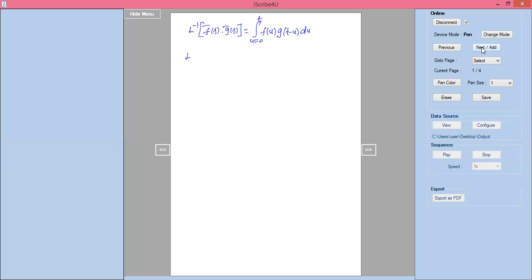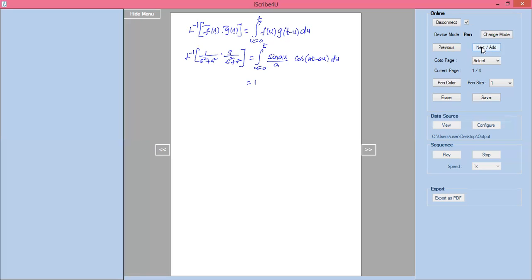L inverse of f bar of s is 1 divided by s square plus a square, and g bar of s is s by s square plus a square. What is f of u? F of u is sin AU divided by A, and g of t minus u is cos of AT minus AU, into du.